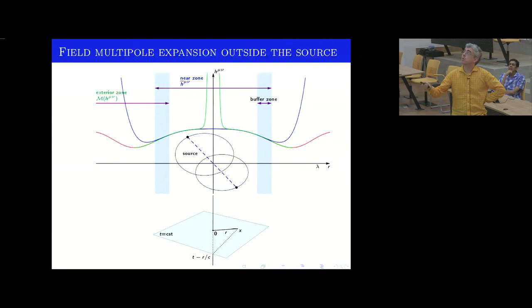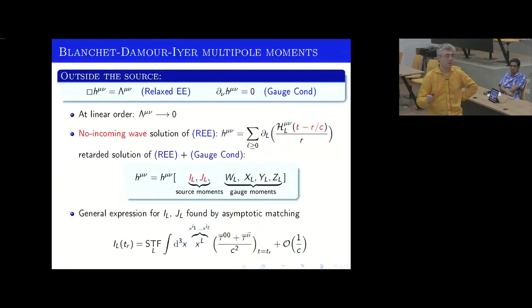So I will focus, therefore, on the exterior zone, and I will consider those approximations here. The field point will be called X. R is the distance to the origin. We are at time t, and the retarded time will play an important role, and you'll see why immediately.